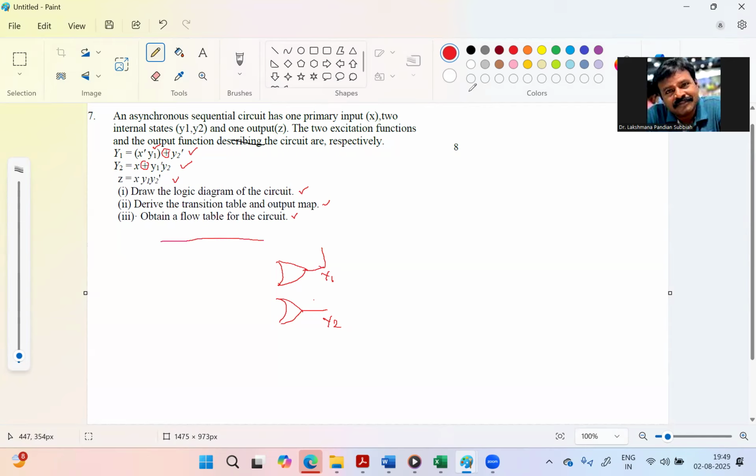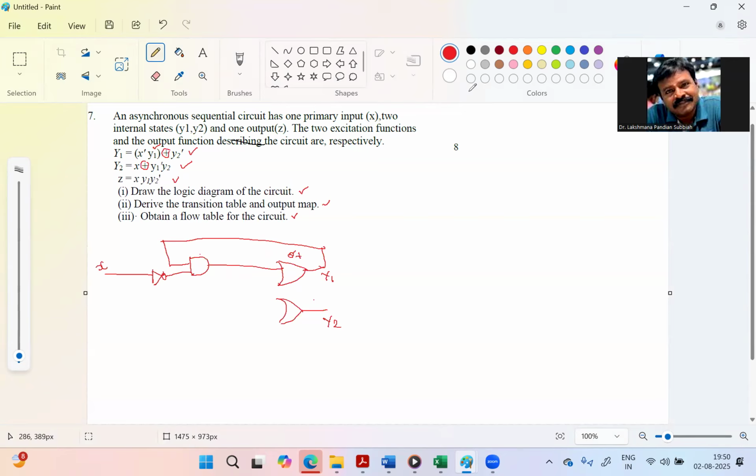This feedback path is connected with one AND gate, because the term is Y1 and X bar. We take the external input X, and this X is inverted to give X bar, and you give it to the AND gate. This AND gate output is one input of the OR gate, and the OR gate is plus.